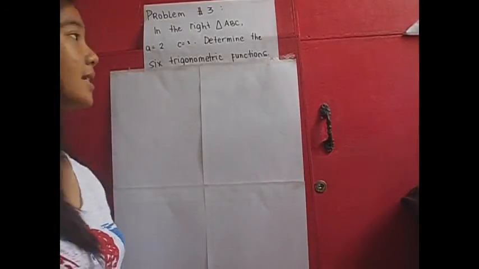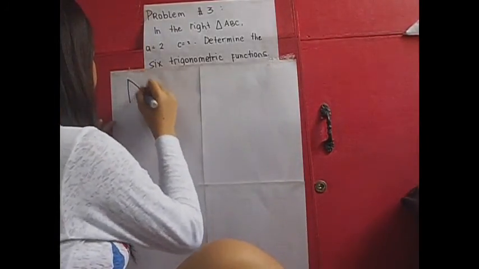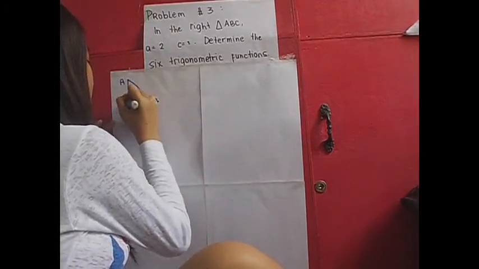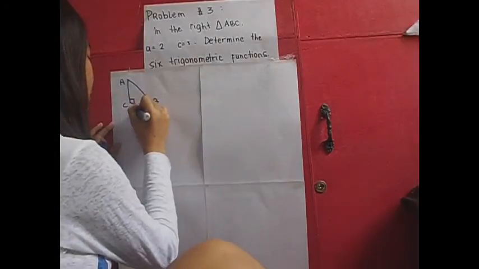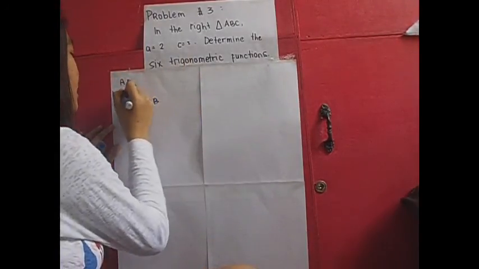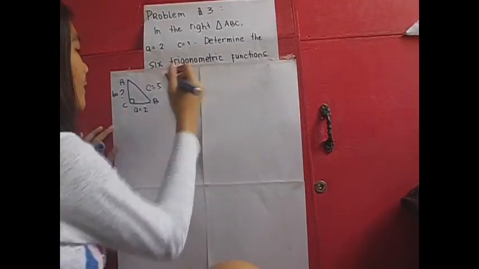In the right triangle ABC, A is equal to 2, B is not given, and C is equal to 5.